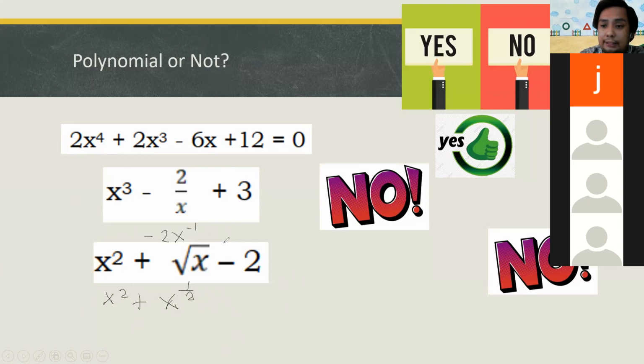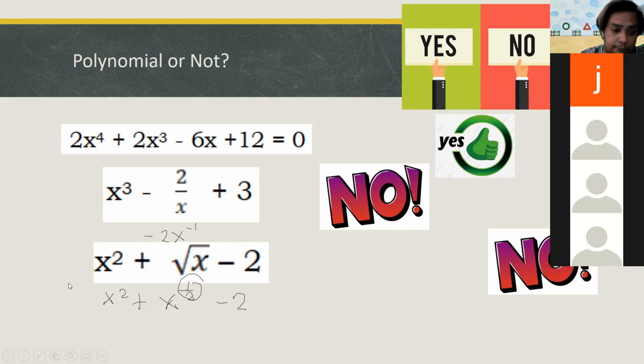Kasi square root of x siya. Square root of x means x raised to 1/2. So ibig sabihin, knowing that we have 1/2 as our exponent, hindi siya polynomial. Okay? Minus 2. Okay po. So hindi siya polynomial.